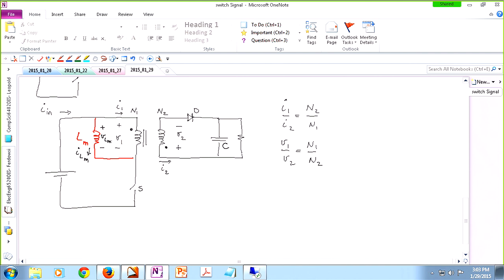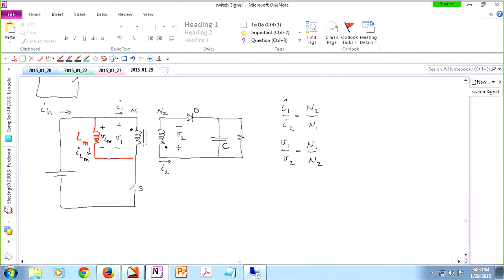So if you open up some books, sometimes you see that the author has chosen to draw this inductor as a reminder that this inductor is there, but it is not an external component. And some people choose not to draw this inductor because it's not really an external inductor. It's like part of your transformer. So don't get confused when you're opening a book or a paper. Sometimes the inductor is there, sometimes it's not. But in your analysis, there is an imaginary inductor always.